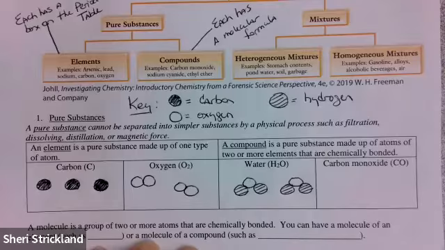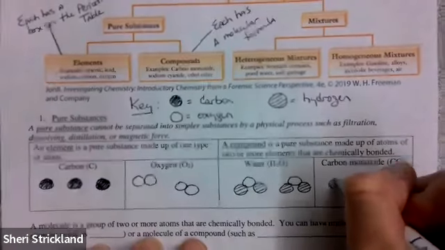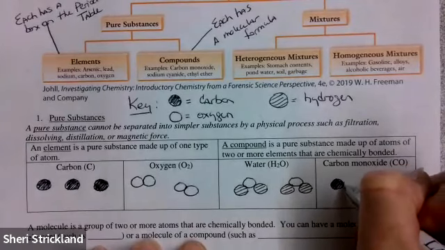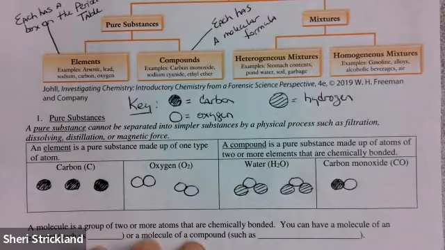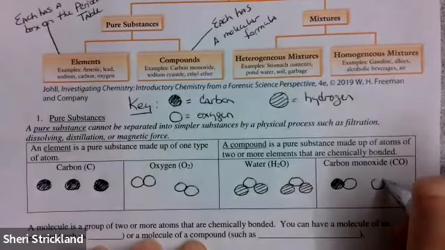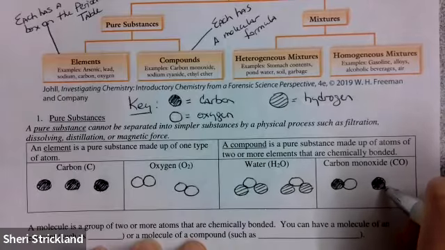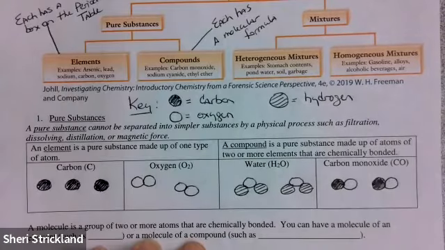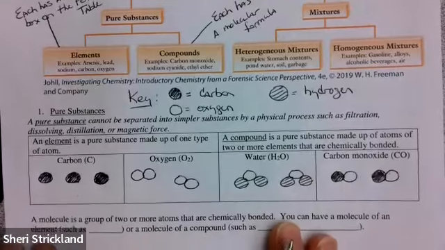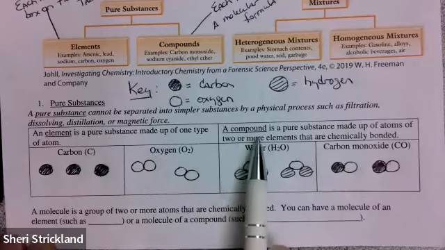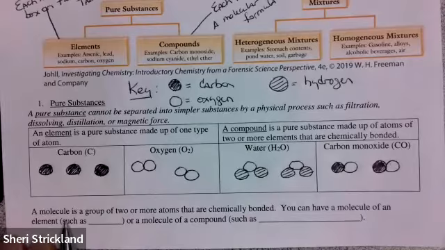All right, welcome back. So carbon monoxide is a carbon bonded to an oxygen for right now. When 2 atoms are bonded, we're going to draw them just right up next to each other like that. Very good. Okay, so I want you to see before we stop that not only are we talking about elements and compounds, but molecule is a different word.